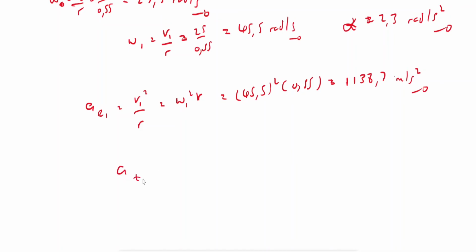You could also find the tangential acceleration, which is basically alpha r, and this is 2.3 multiplied by 0.55, and that's basically 1.3 meters per second squared. I mean, this one you could verify. You could say 25 squared, and then you just divide it by 0.55.